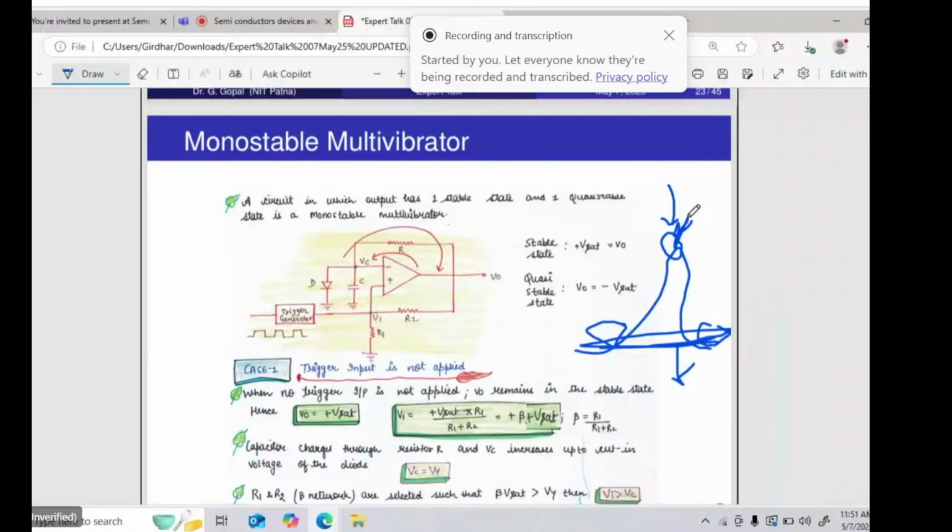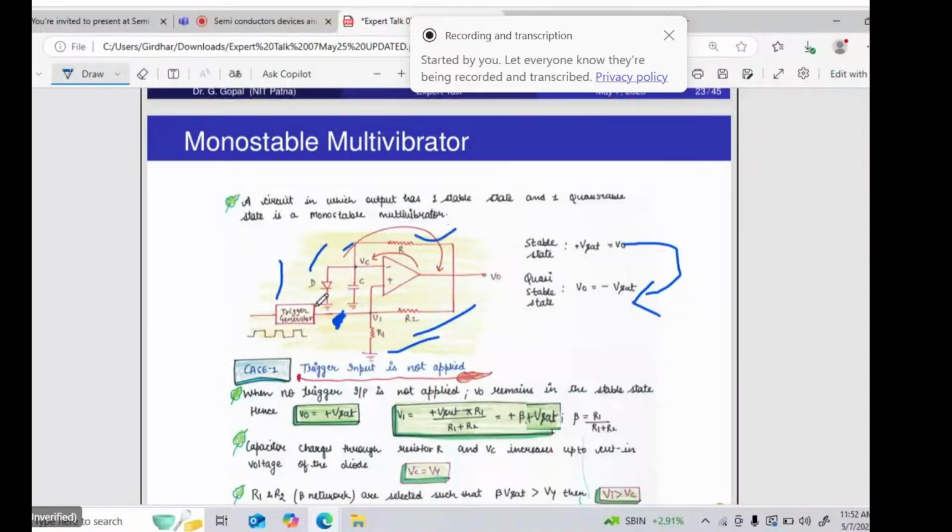If no external input is applied, then the output remains in stable state. Because you want the other state, you have to apply some trigger. Here there is a trigger at this point. This is the trigger generator, meaning you have some pulse input, and with the help of the trigger generator you can generate a trigger, either a positive spike or a negative spike. Here I am generating negative spikes with the trigger generator.